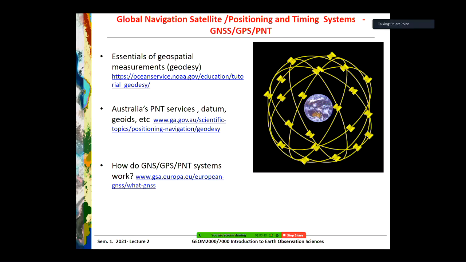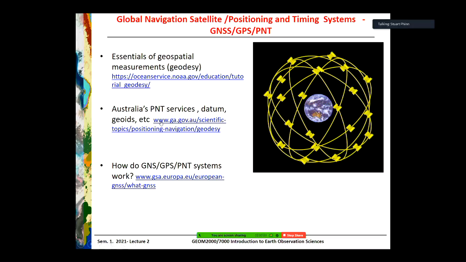Most developed countries have their own positioning and timing satellites. They're not just for geospatial operations. I'd particularly direct you to have a look at the Geoscience Australia website. It's got some useful videos about projections, datums, geoids, what they are, why they're important. They're used for the measurements that we do in data, but they pretty much underpin all your financial transactions, and our power distribution systems that send power around the country.